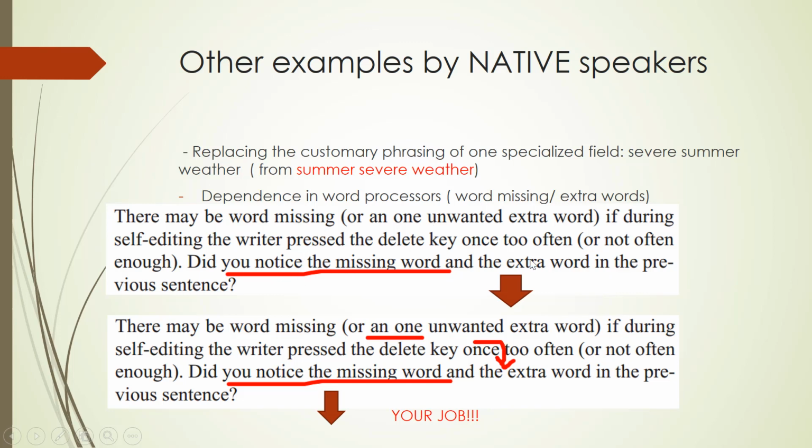One missing word and one actual word in the previous sentence. I'll illustrate one of the actual words, that is an or one here, right? We just use one of them, either an or one. For the missing word, you can look at the first sentence. There should be an article or a determiner before the head noun here, right? So there may be one word missing or a word missing.